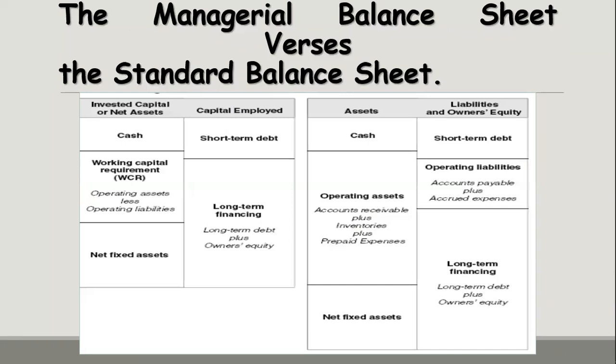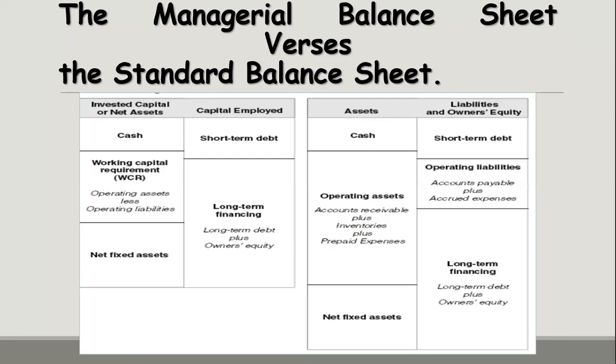Here we have a comparison between the managerial balance sheet and the standard balance sheet. First of all, we have the invested capital or net assets that include cash, working capital requirement, operating assets less operating liabilities.